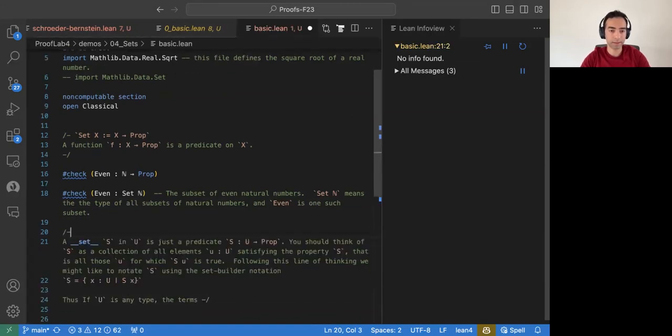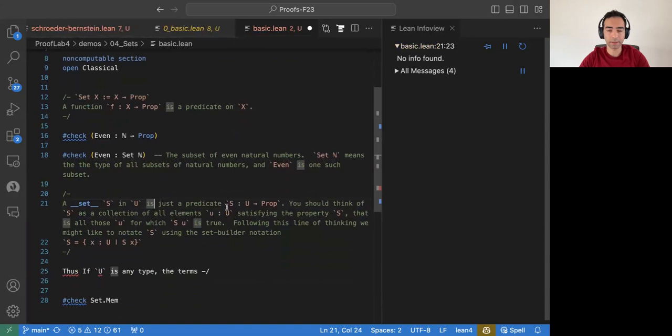A set S in U is just a predicate S from U to Prop, and we should think of S as a collection of all elements in U. So we change all U to X. So let me change it here as well.